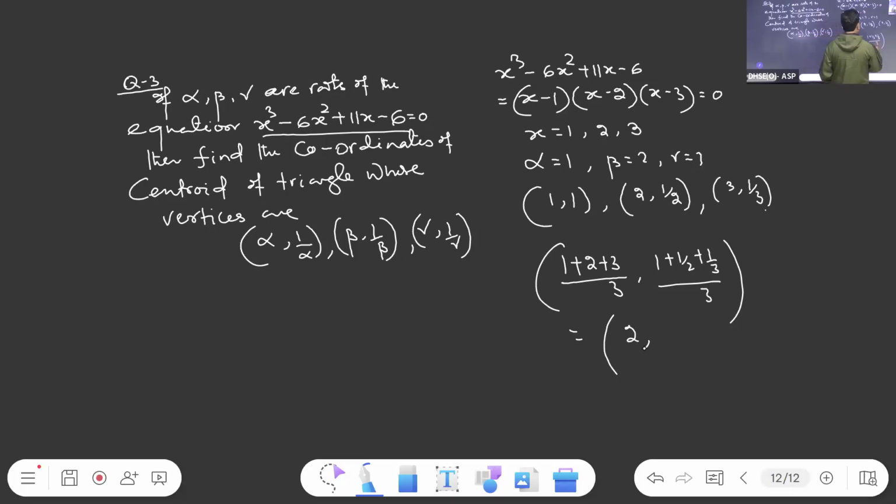And the LCM will be 6. Yes, 2. Subhalakshmi is correct. 2, 11 by 18.